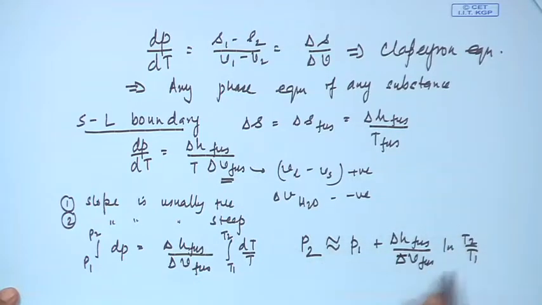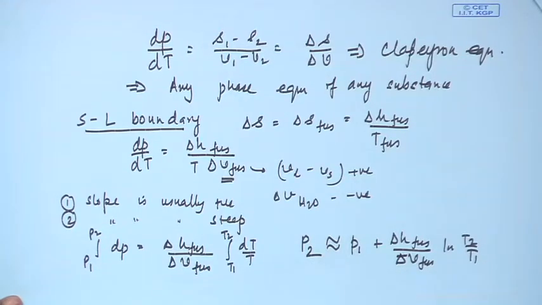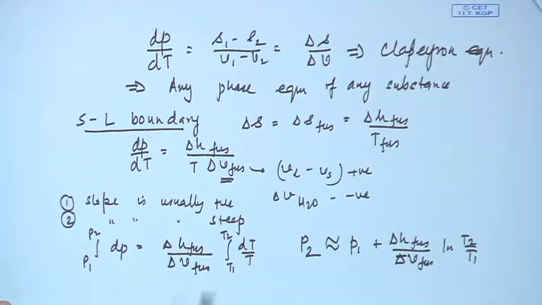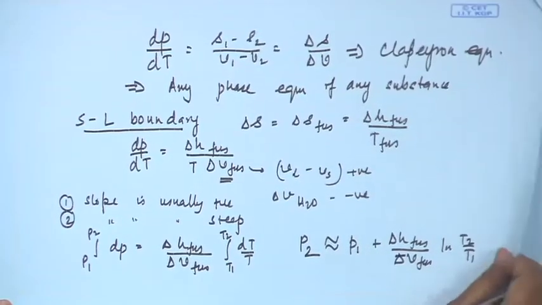In this particular equation, the total number of parameters is 1, 2, 3, 4, 5, 6. Out of these, if we know 5 of the parameters, we can find out the sixth one. Well, this was for the solid liquid boundary.